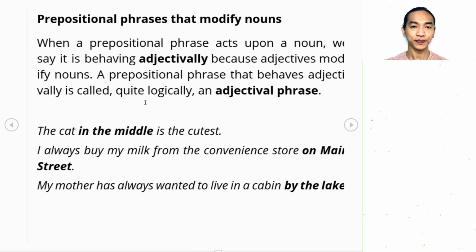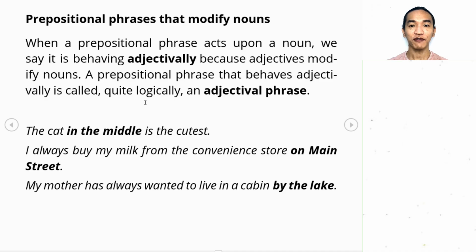All right. Now, prepositional phrases that modify nouns. When a prepositional phrase acts upon a noun, we say it is behaving adjectively, because adjectives modify nouns. So remember, when your prepositional phrase modifies or describes a noun, then we call it an adjectival phrase. Okay, let's see some examples.